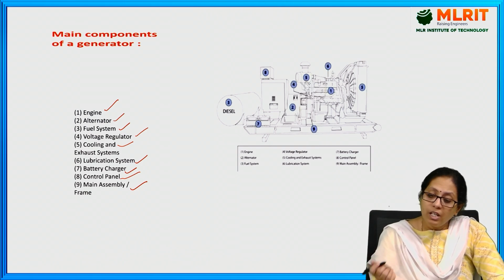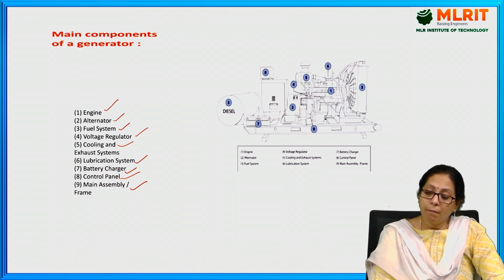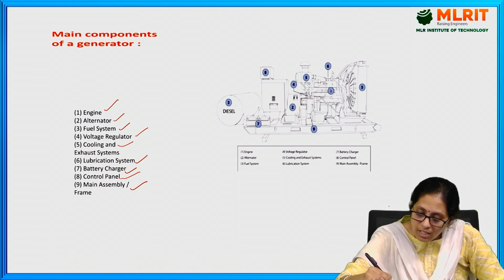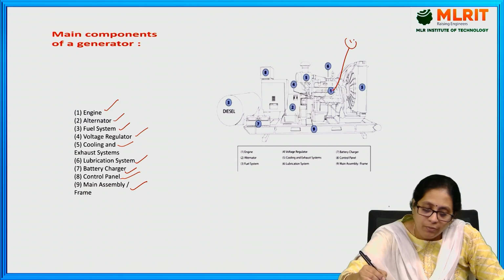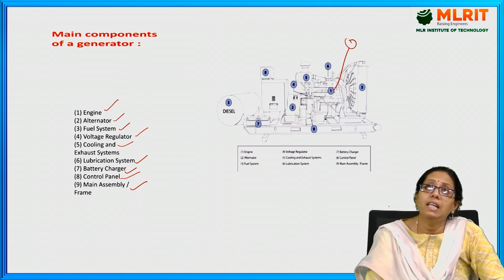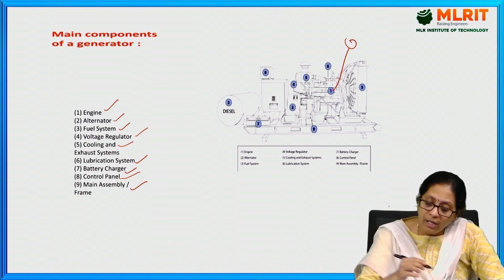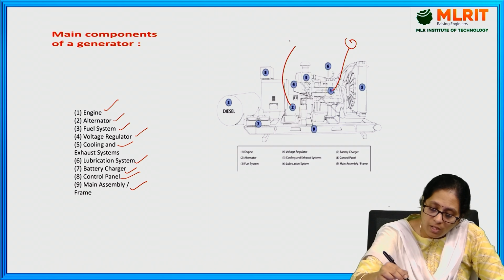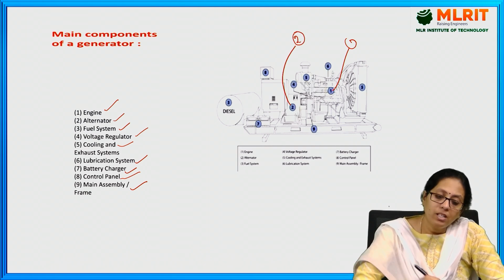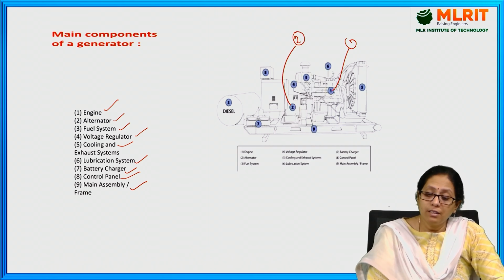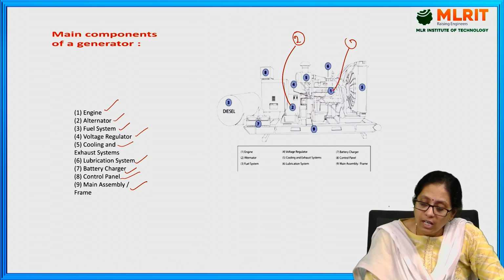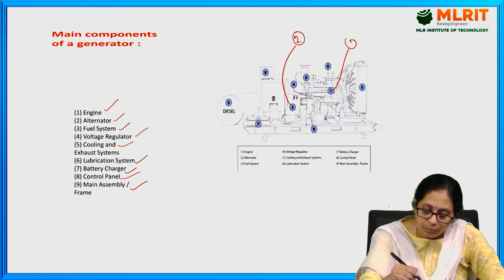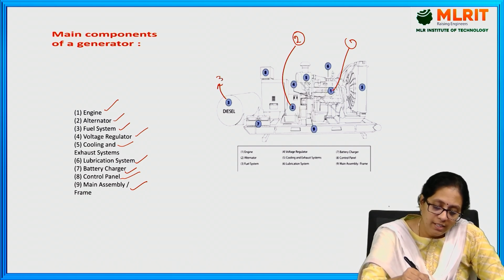Here you can see the different numberings. This one is the main engine. The second one is the alternator. The third one is the fuel system.